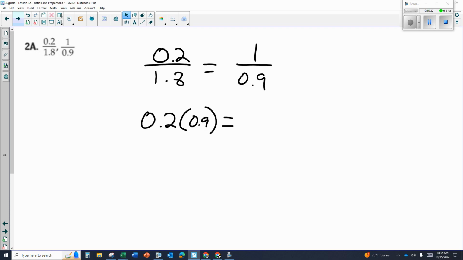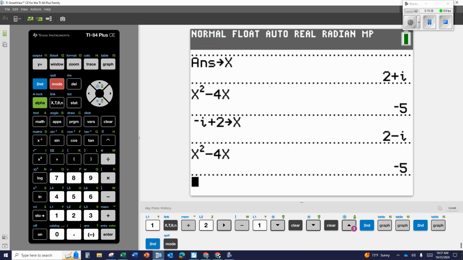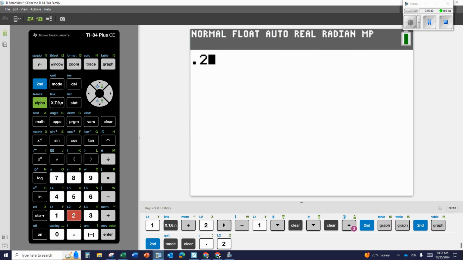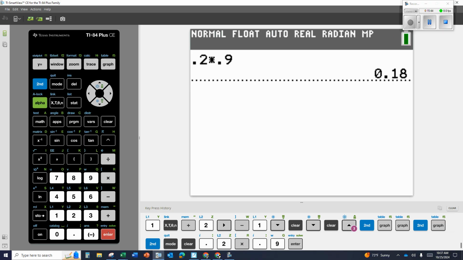And we want to see, is that equal to 1.8 times 1? With decimals, you always want to be careful, especially with these numbers here. Let's take a look at a calculator. 0.2 times 0.9, that's going to give me 0.18.